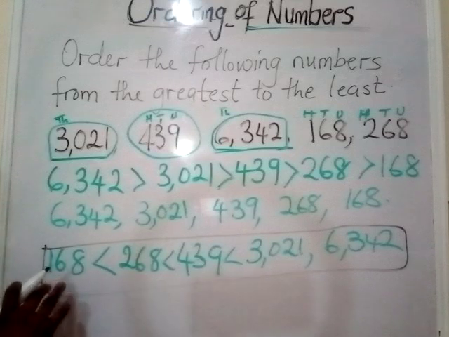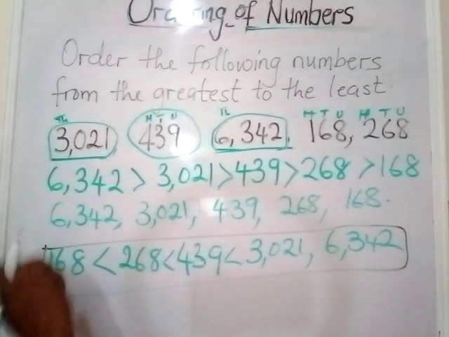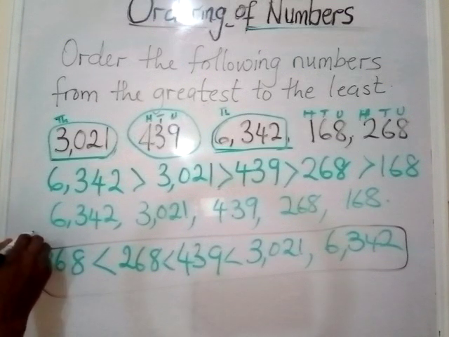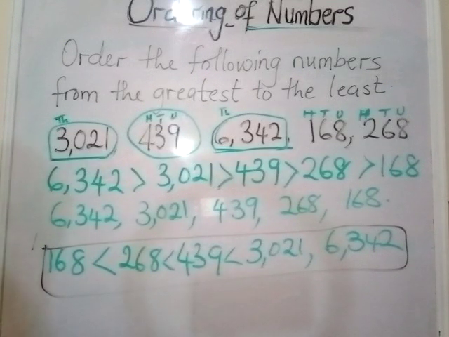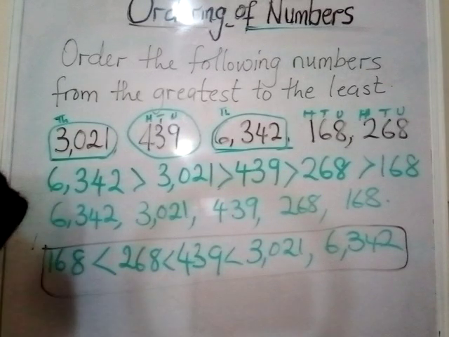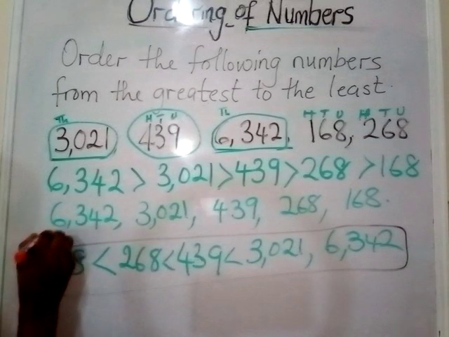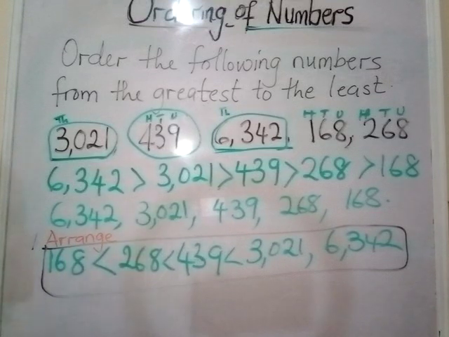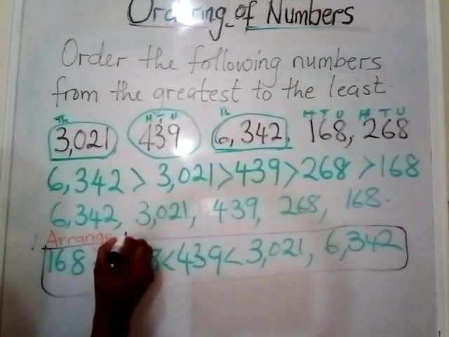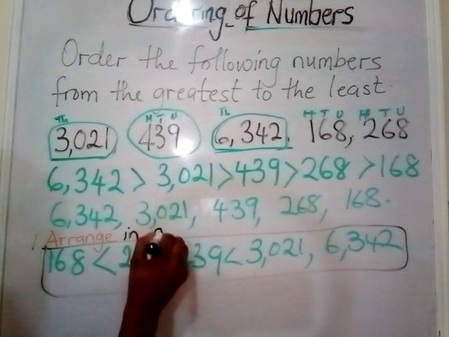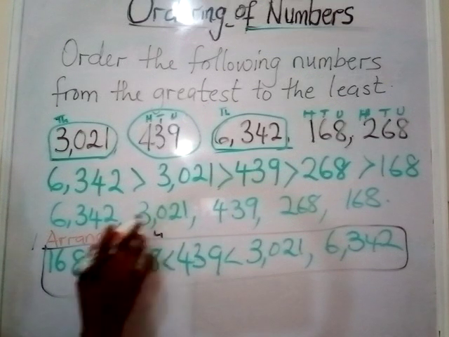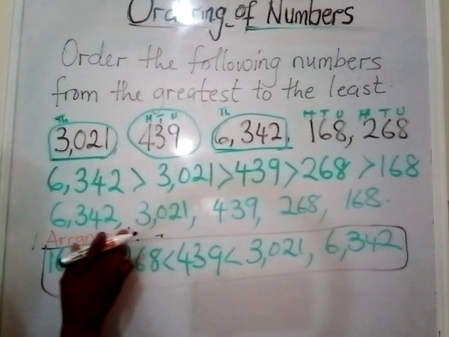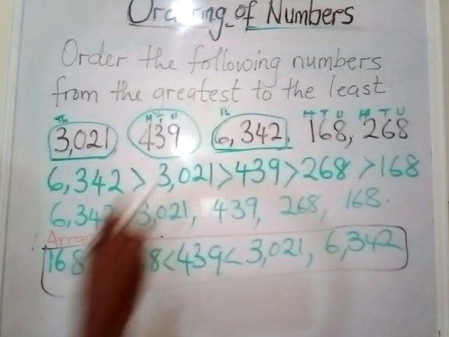Now, what I wrote here is when you are told to arrange. Let me just write it up here because we may not need to repeat this. Is this clear enough? Arrange from least to greatest, since we used greatest to least here.